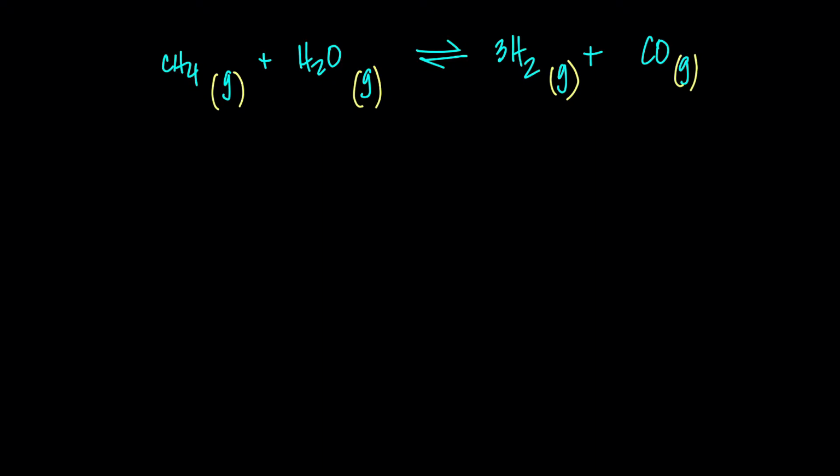Then in this scenario I've got 1 mole of gas here, 1 mole of gas here, and I've got 4 moles of gas here. I'll just paste the image also.